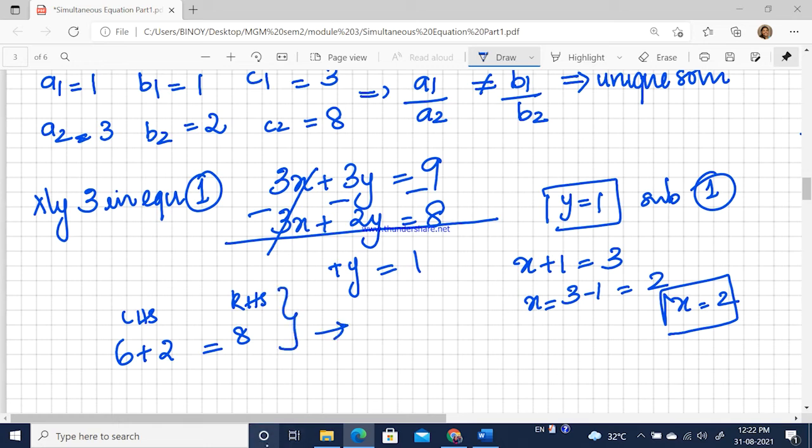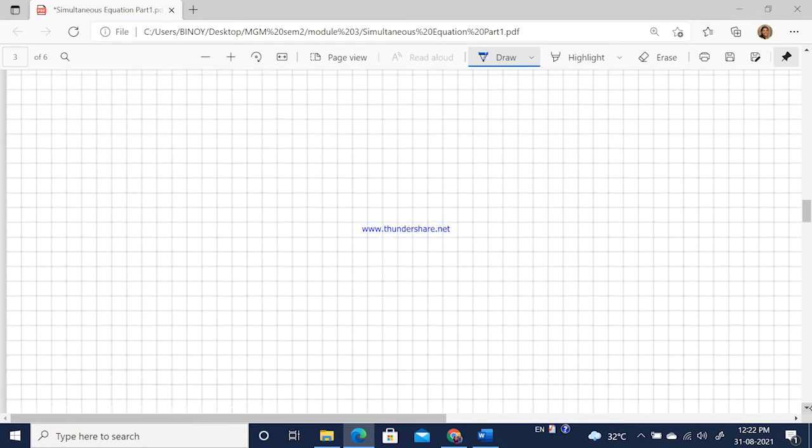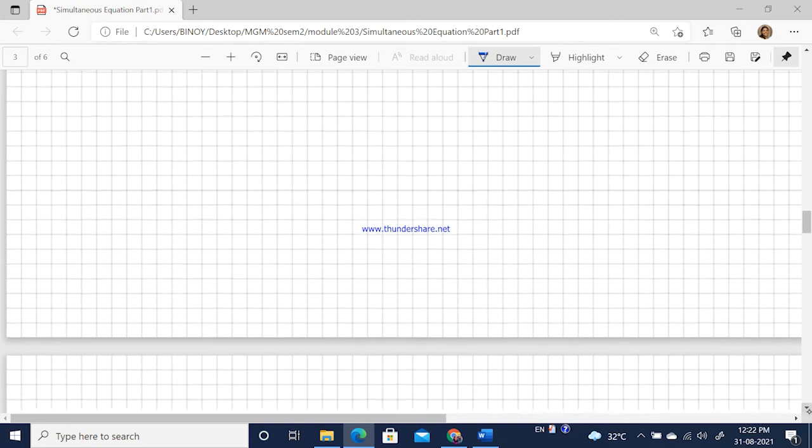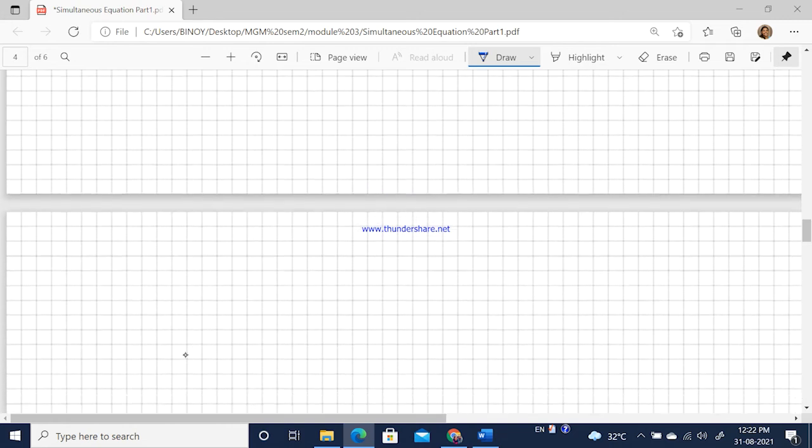So we can conclude that it has exactly one solution, and it is found by using the condition a1 by a2 not equal to b1 by b2. Now moving on to the second example, which says x plus y is equal to 3, 2x plus 2y is equal to 7.